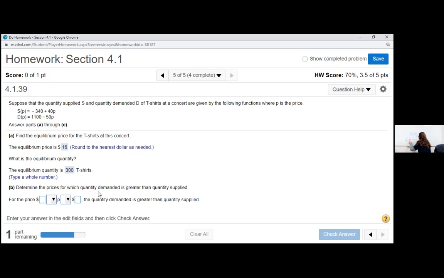When is D of P greater than S of P? When is negative 50P plus 1100 greater than negative 340 plus 40P, i.e. 40P minus 340?